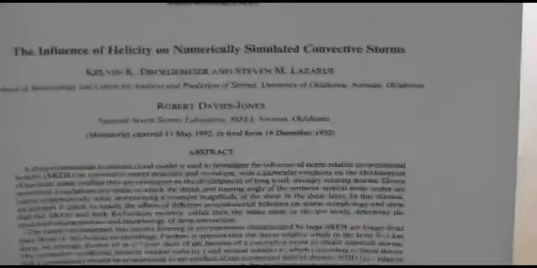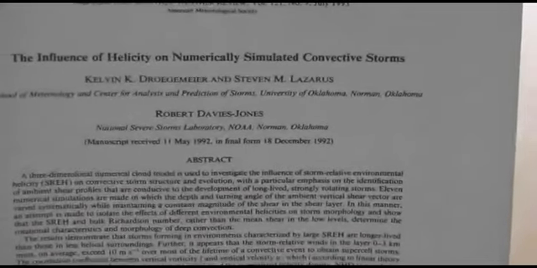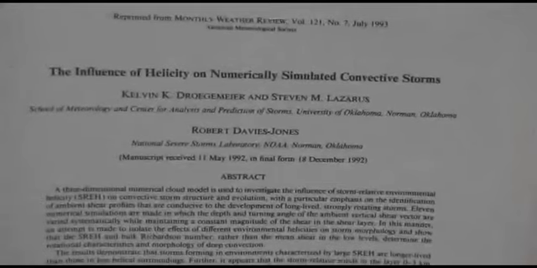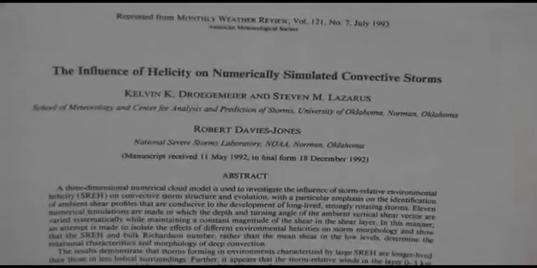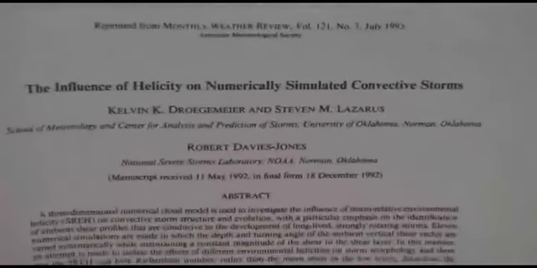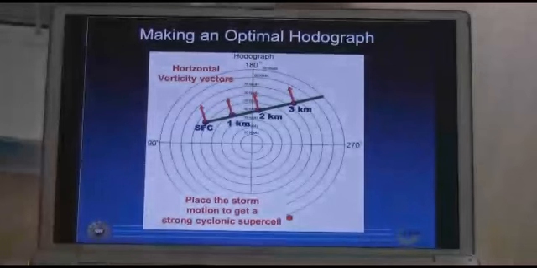Okay? If you want to see this plot and look at it a little bit more, the paper is called The Influence of Helicity on Numerically Simulated Convective Storms. It's Monthly Weather Review, Volume 121, July 1993, and the article starts on page 2006. That was figure 10 that I just showed you.